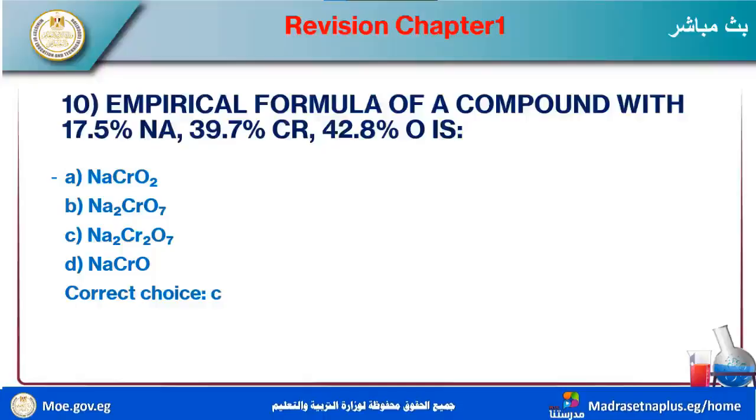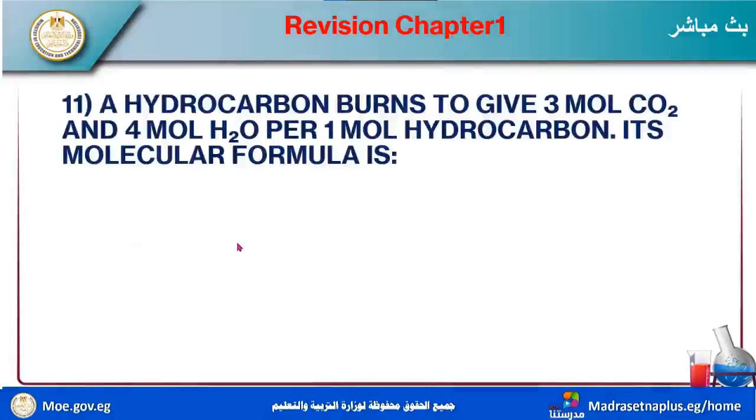Now you have integer numbers: 1, 1, 1, 3.5. You multiply all these atoms by 2. This is the actual formula, Na2Cr2O7.